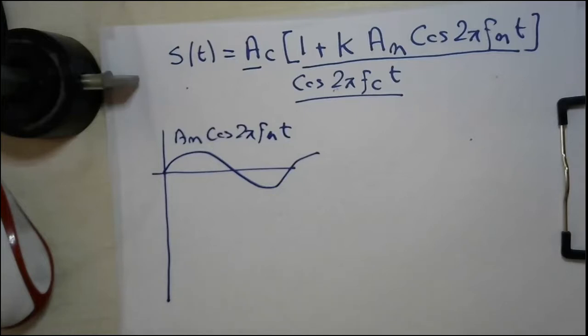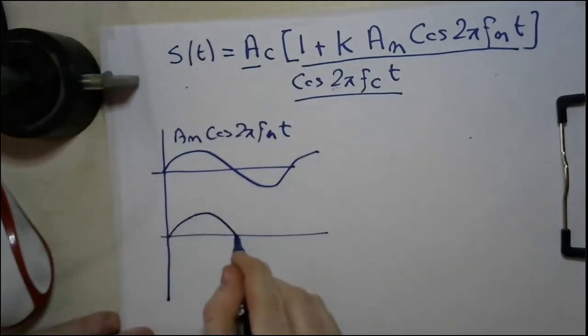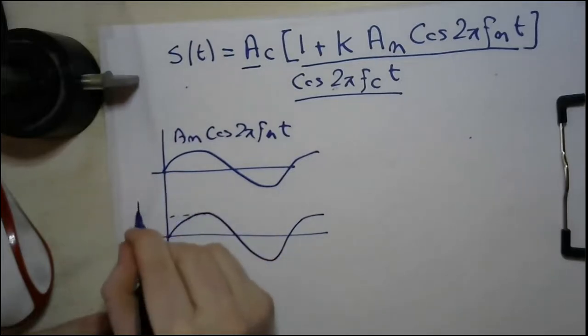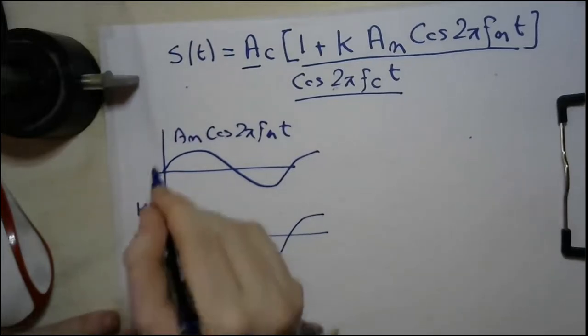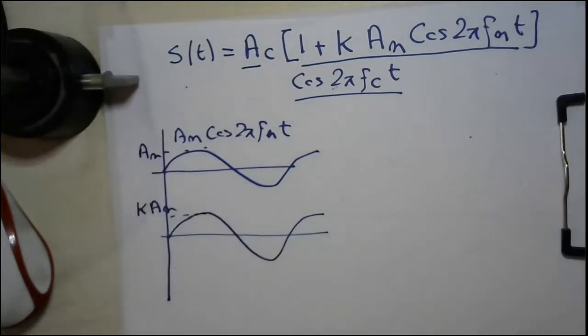If k is greater than 1, then the message will be magnified. If k is smaller than 1, the message will be attenuated. So for now, it's just a dummy variable. What is only different is that now this amplitude is called kA_m instead of A_m.